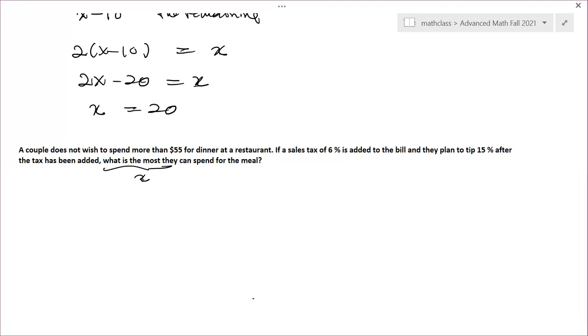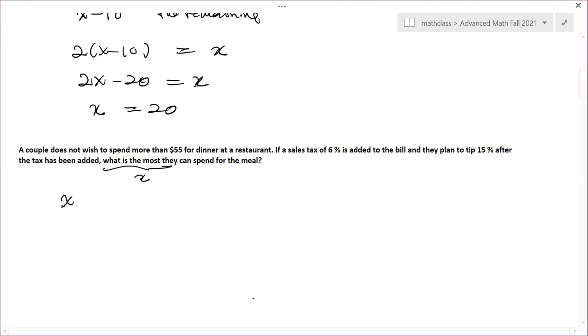So you have to solve the equation. This is the price of the meal, not the final cost, okay? So when we say what is the most that they can spend on the meal, they look at the menu, and that's all the numbers there, right? So this is the original. We don't know that. We assume that's X, okay?